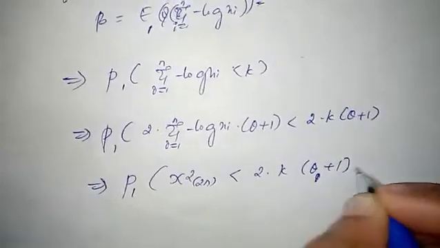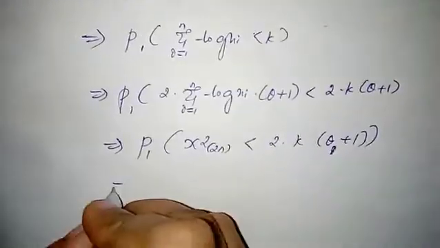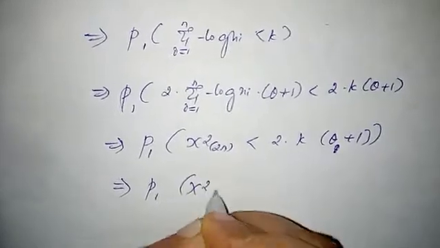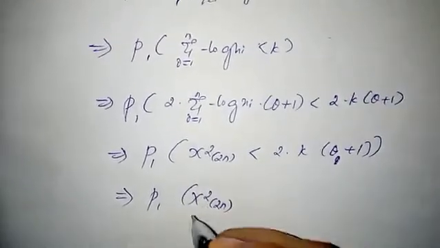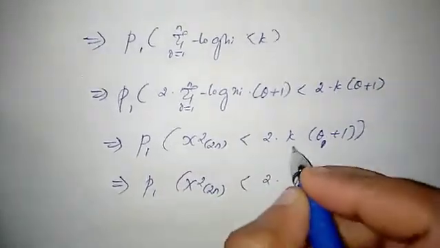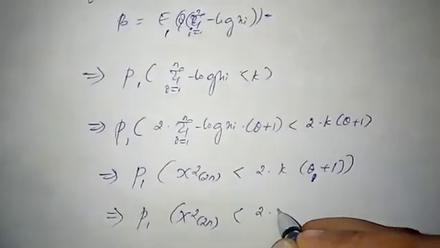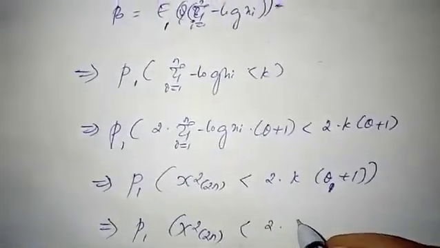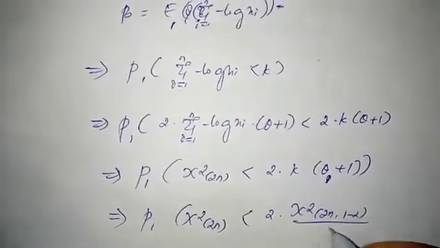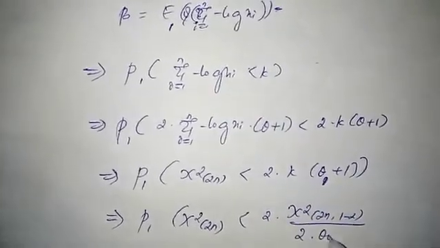Theta plus 1, which implies the probability that chi square with 2n degrees of freedom is less than 2 into, what is the value of k here? k is chi square 2n 1 minus alpha divided by 2 into theta naught plus 1.